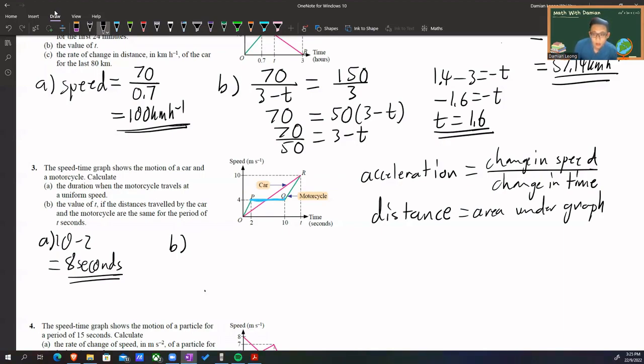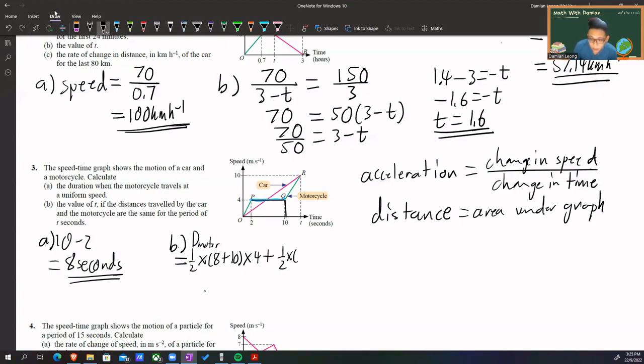Okay. So for the motorcycle, the distance is the trapezium here, half times sum of parallel sides. This 2 to 8 is 10 plus 0 to 10 here, 10, times the height. Height here is 4. Okay, plus the other trapezium, half times sum of parallel sides.